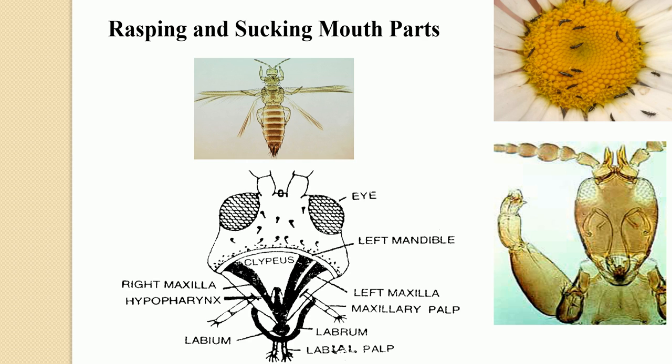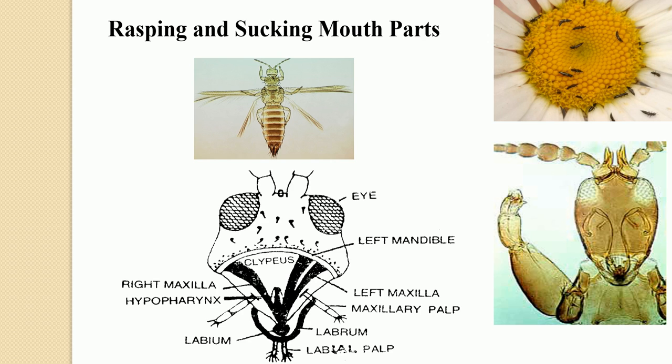The labrum is a broad triangular structure, while the maxillae are also long triangular structures bearing a palpus at the distal end. So here in this diagram you can see the maxillary palpus. Likewise, the labium is wide, having a pair of short palpi at the distal side. So labial palpi and maxillary palpi are both there, but their size is greatly reduced.